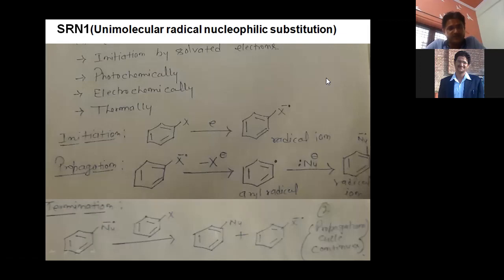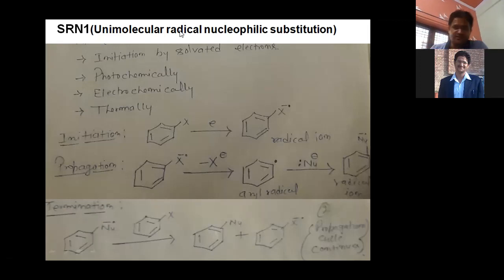And radical means during this reaction a free radical forms. And it is an aromatic nucleophilic substitution reaction. Here S means substitution, R means radical, N means nucleophilic, 1 means unimolecular. So we are talking about the aromatic unimolecular nucleophilic substitution reaction with free radical.